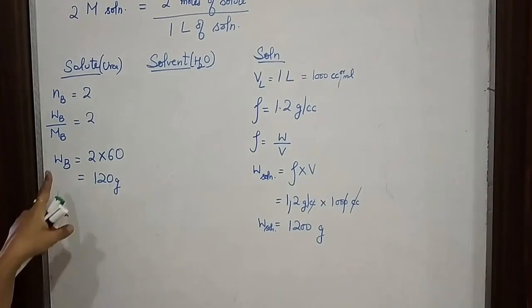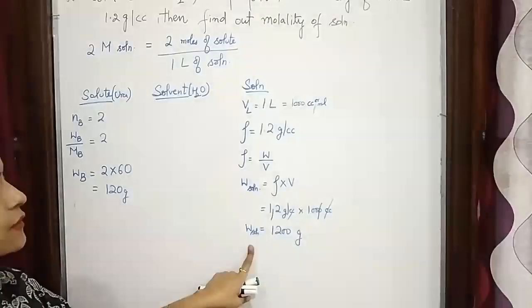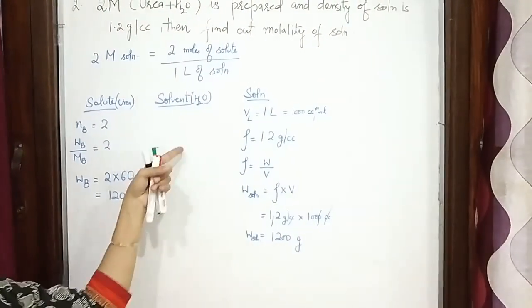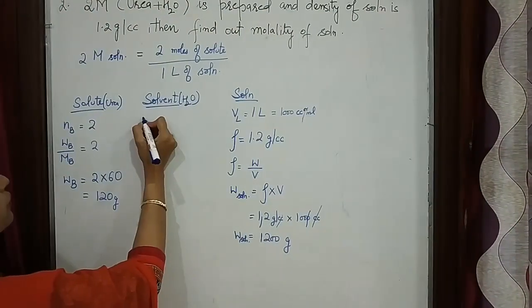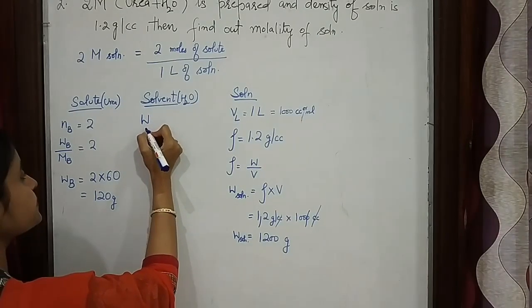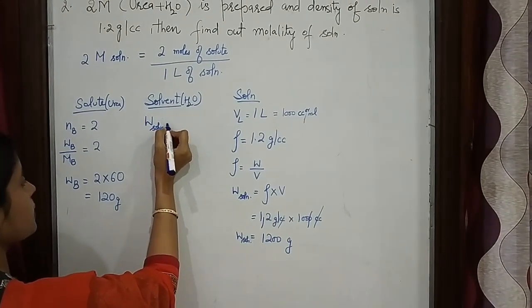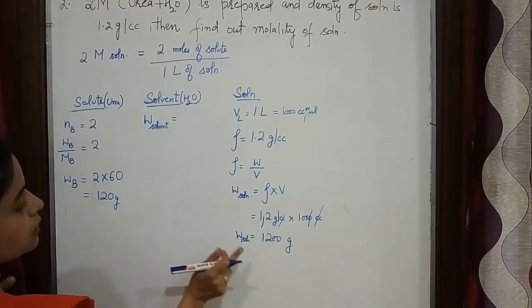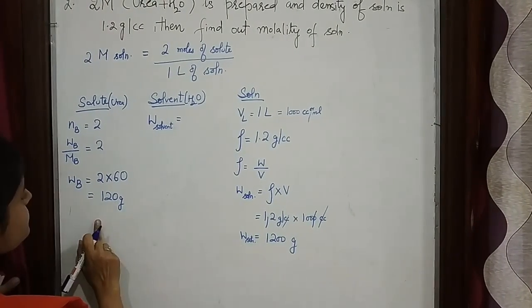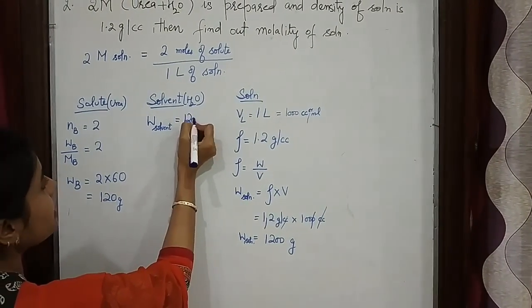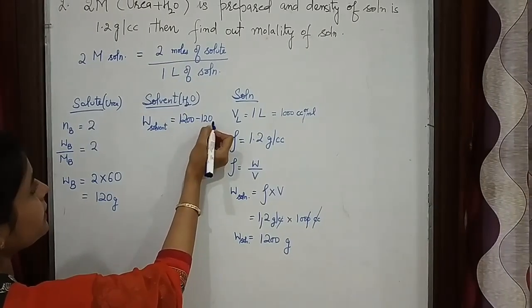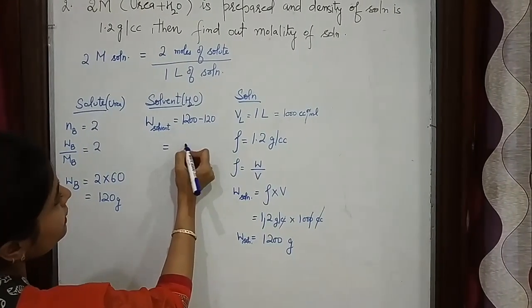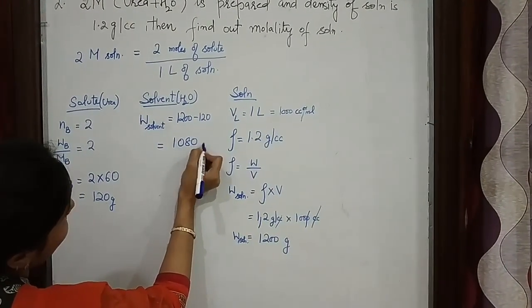Now you know the mass of solute as well as the mass of solution. Then you can easily find out the mass of solvent, which is equal to mass of solution minus mass of solute. That is 1200 minus 120 gram, and it comes out to be 1080 gram.